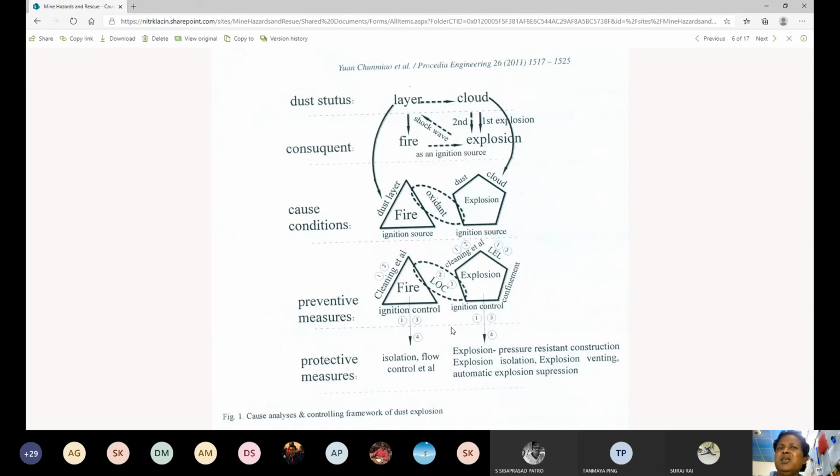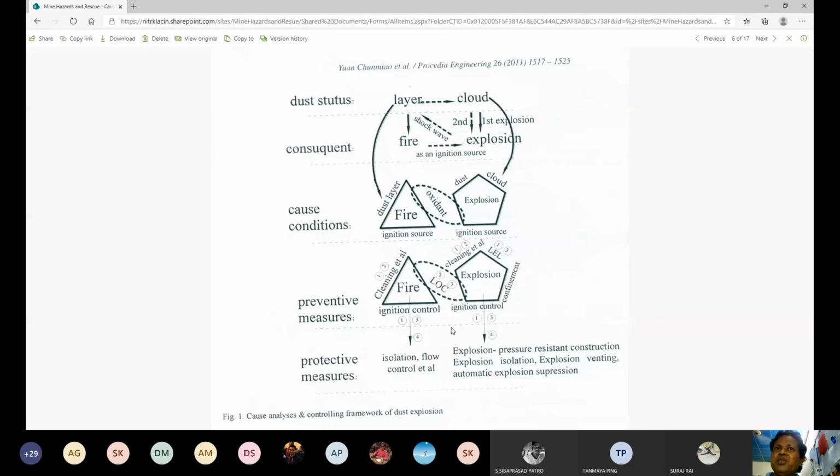These 5 parameters are called the anatomy of a dust explosion, and these parameters are determined in the laboratory with the help of a Hartmann apparatus to determine the minimum ignition energy, to determine the maximum pressure developed because of the explosion, to determine the pressure rise dP/dt, and to determine the deflagration index, which is nothing but V to the power 1/3 multiplied by dP/dt.